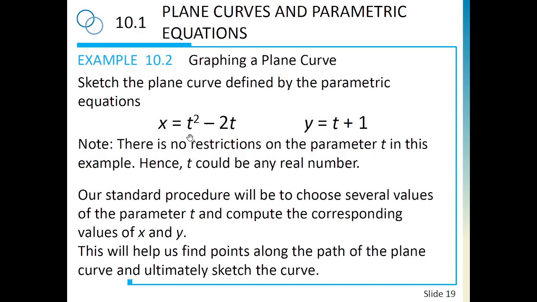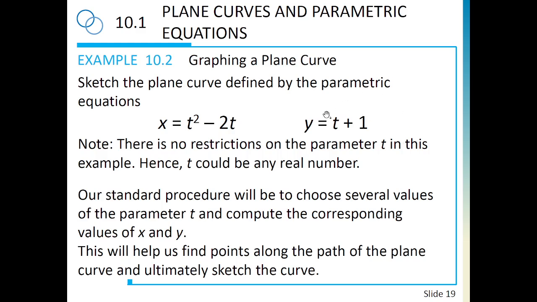For t equal 1, I'll have -1 in x and y is equal to 2. So I'll have two different points immediately and I can connect them. Now what we observe here, there is no restriction on t. So we don't have an interval for t, which means t could be any value.